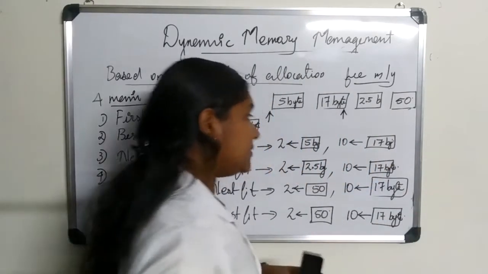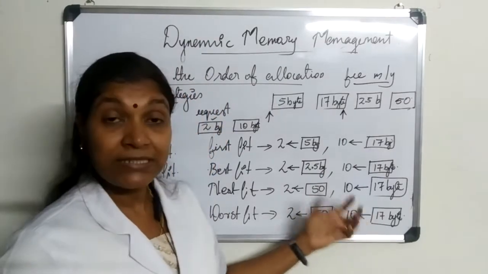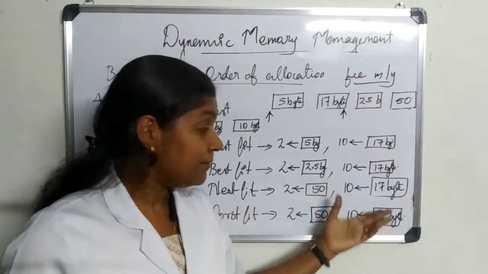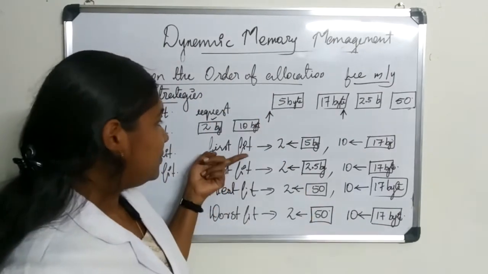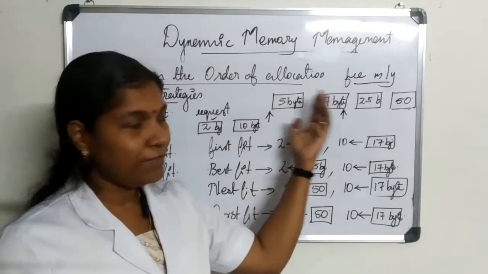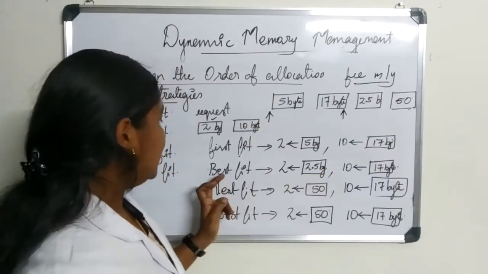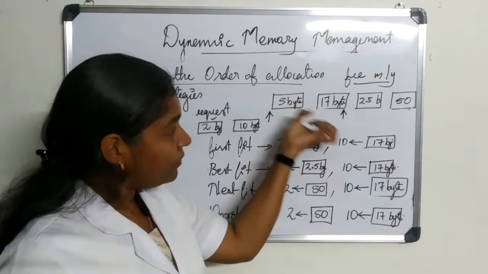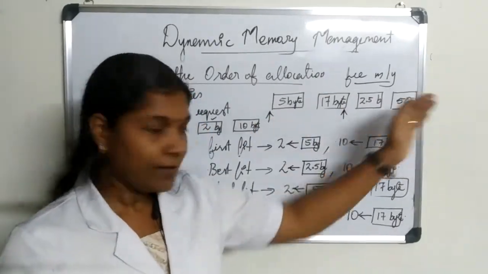But that doesn't matter, because in all these 4 methods, how the 17 byte block came into that place, the working method, differs. In first fit, it simply started from the first block and followed that method. In best fit, it found the most suited block from the entire list.